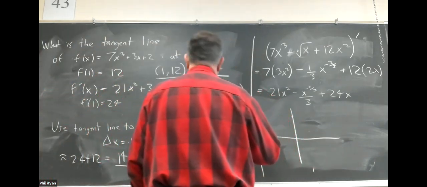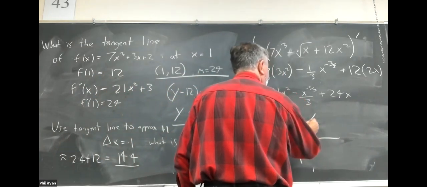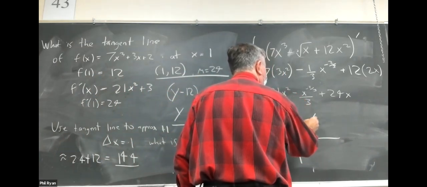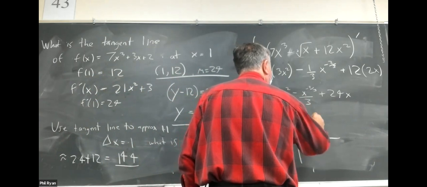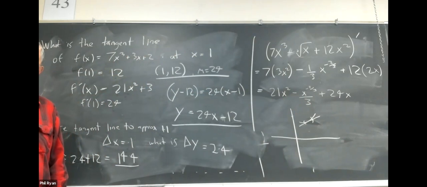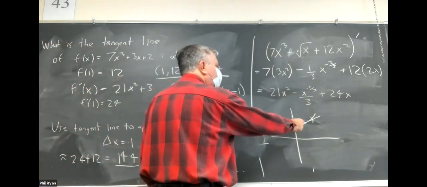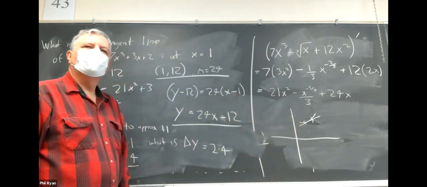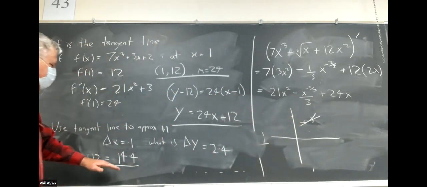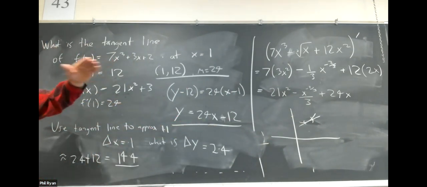We've got our function, and here's our tangent line. Near the point where the tangent line touches the function, the tangent line is approximately the same as the function. So I've used this value here to approximate this value here.